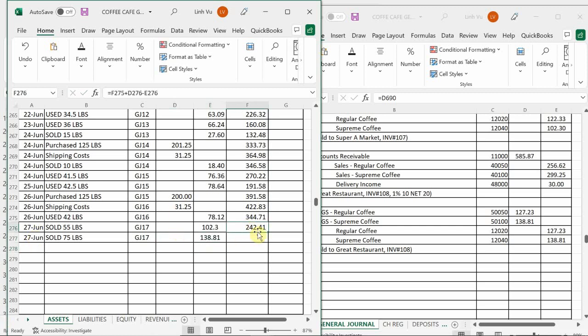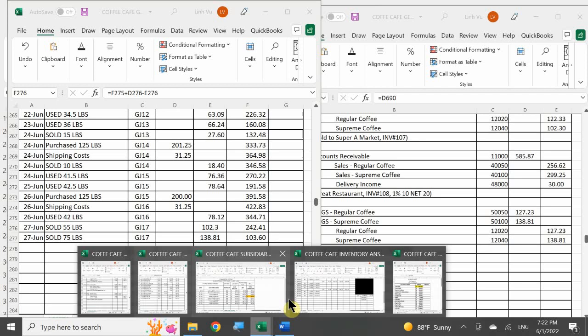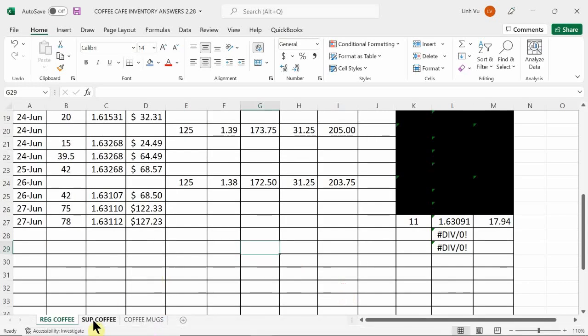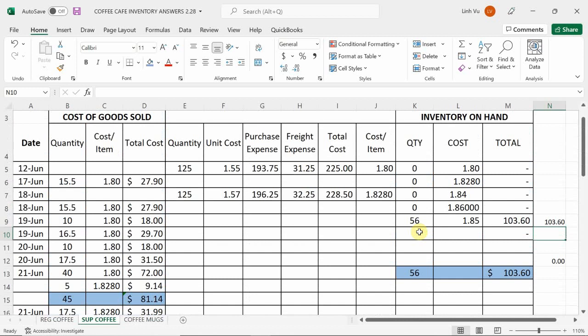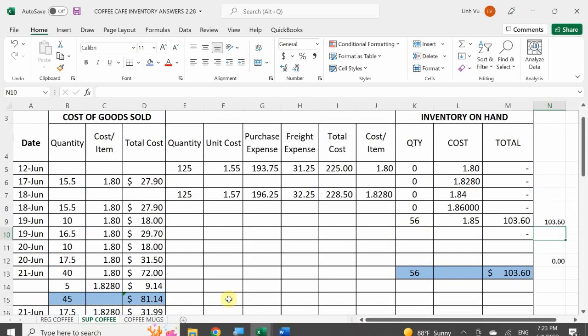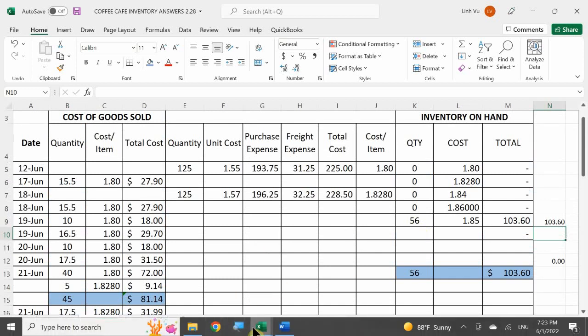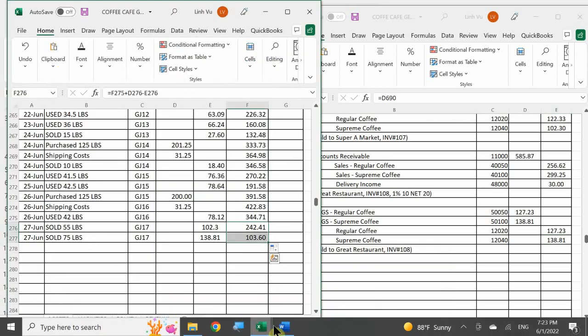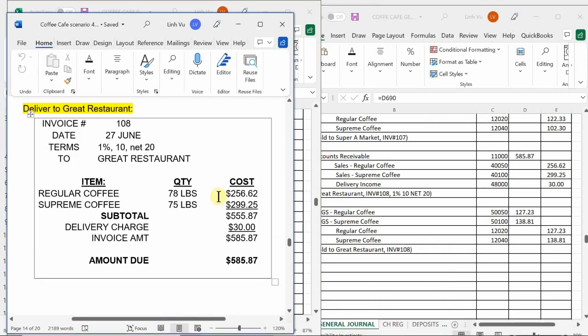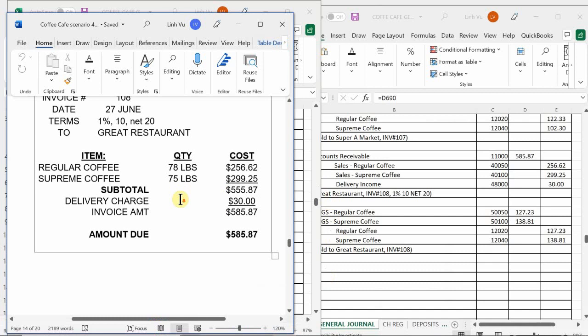So that should reduce my account to $103.60, which I do recall to be correct. 103.60. Okay. So that means I am done with this transaction here. Okay.